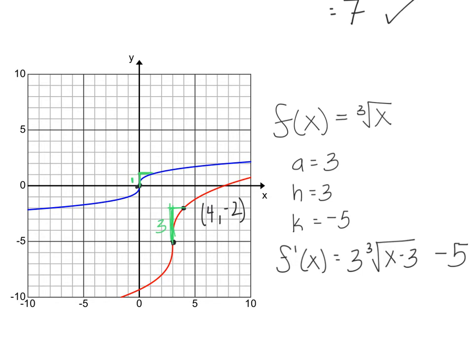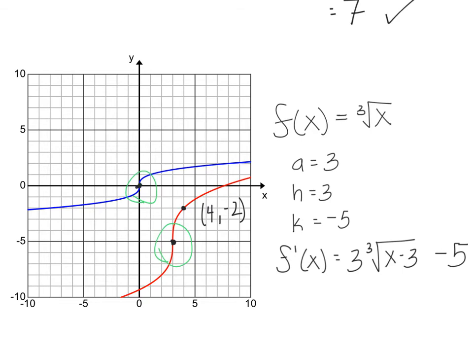Okay, so now my h determines where I start. So let's get rid of some of this here. If you see from my black dot to my black dot, these ones here, that's my inflection point. So you learned that last year. So your inflection point, you want to see how far did it go to the right and down.